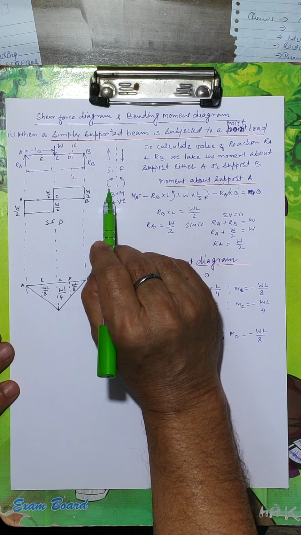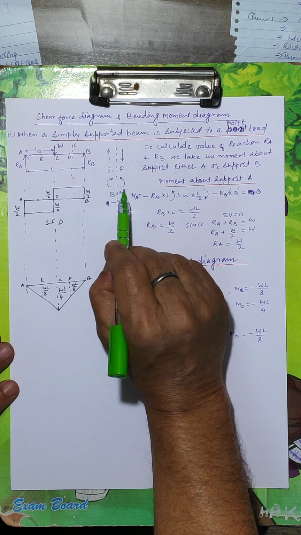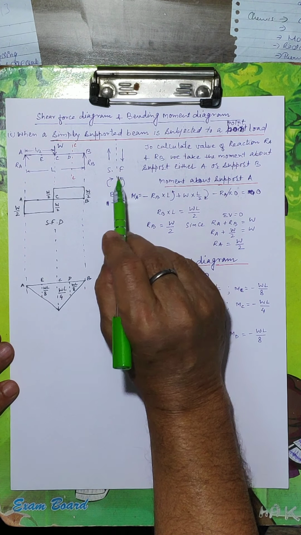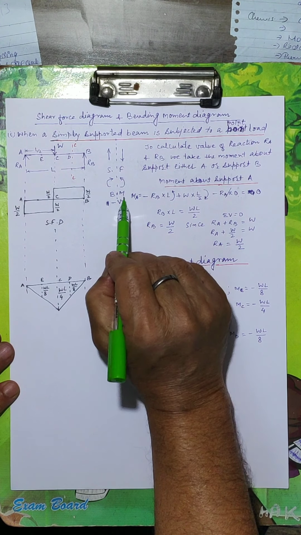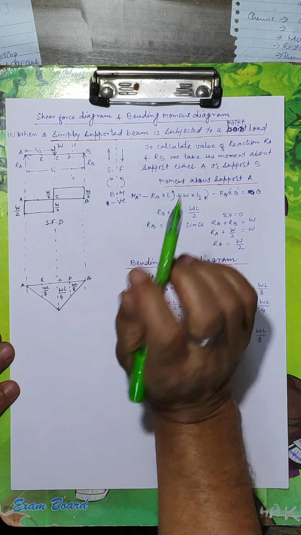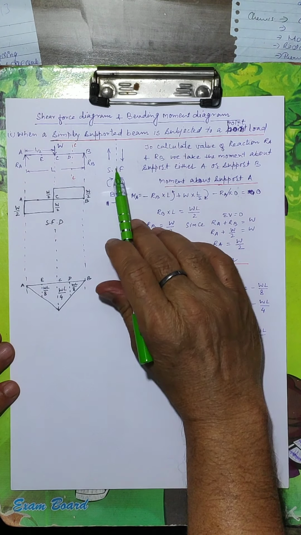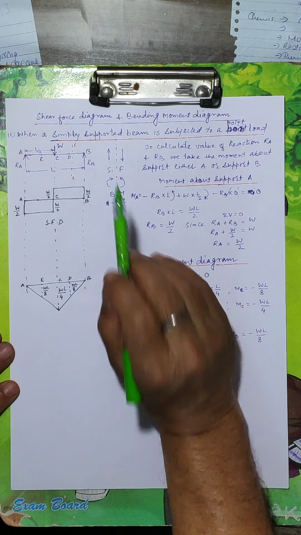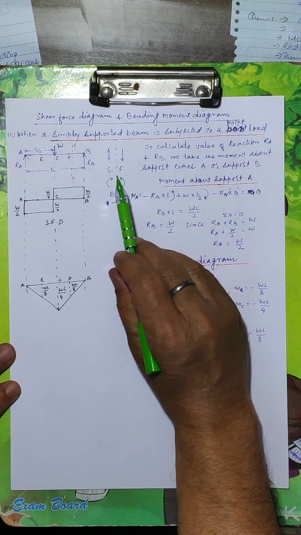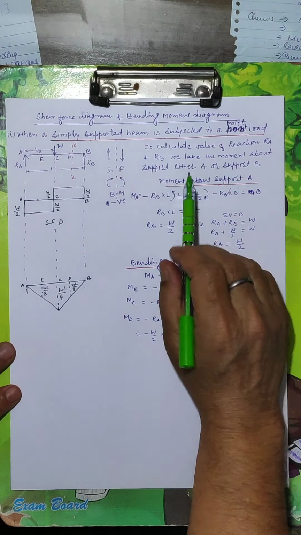For bending moment, section left side clockwise and right side anti-clockwise is taken as positive; the opposite will be negative. These are the sign conventions. First we draw this sign convention.